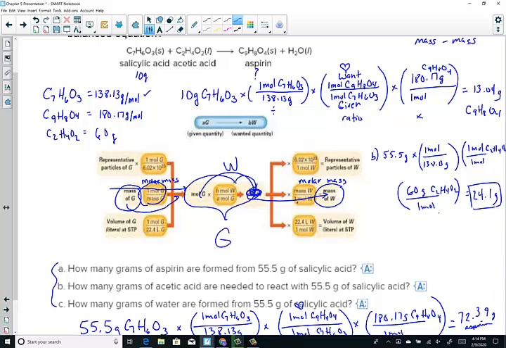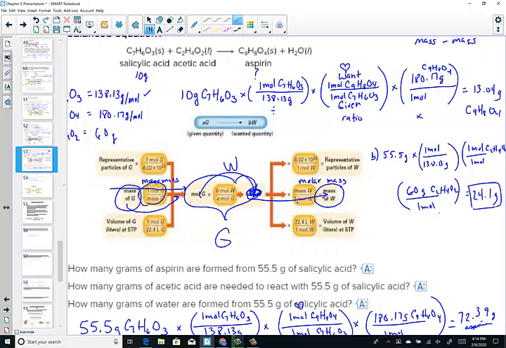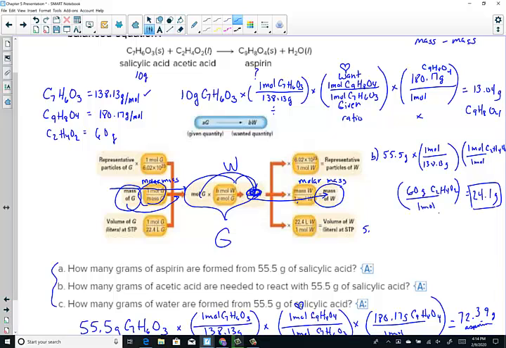And in letter C, if I consider what letter C is asking, let me just bring that over. We want to figure out grams of water. And so the only thing that's going to change is that last step in which we compare 55.5 grams of our initial compound. We know that it will have the same first step over and over. We're starting with the same ingredient. We know that all the coefficients are 1s.